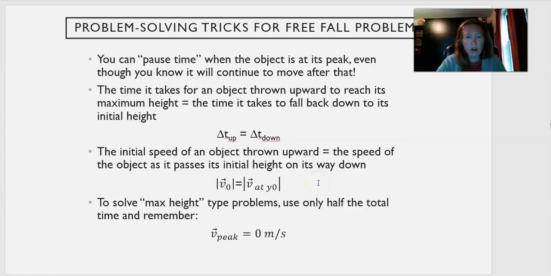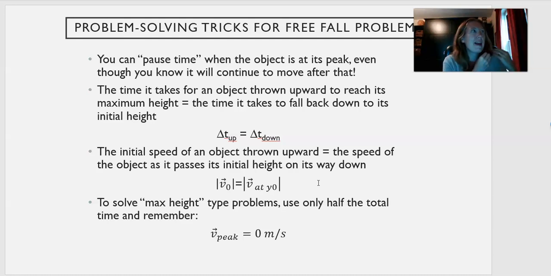When you're solving free fall problems, often it seems like they don't give you enough information. So if you want to pause the video, these are my tricks, quote unquote, for solving these problems. And a lot of them are just using the basic symmetry of those graphs. So you can pause time when the object is at its peak because you automatically know it's going to have a moment there when it has 0 velocity.